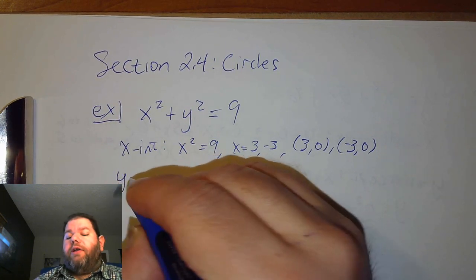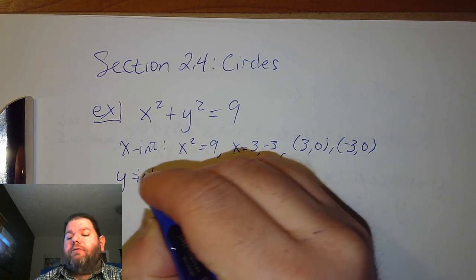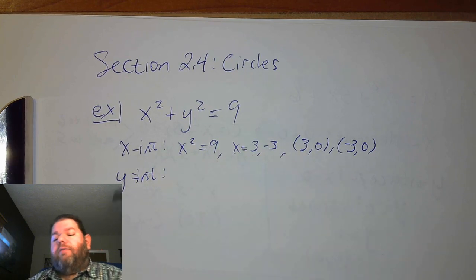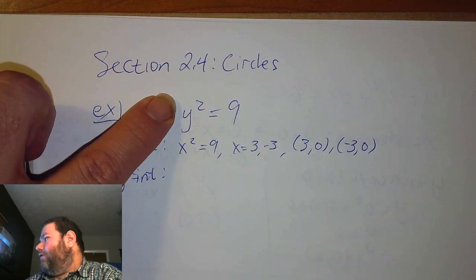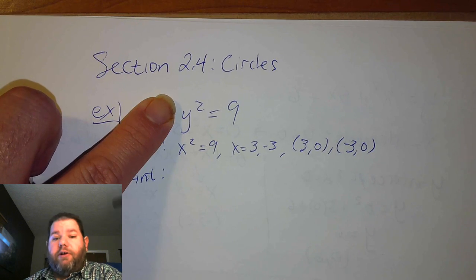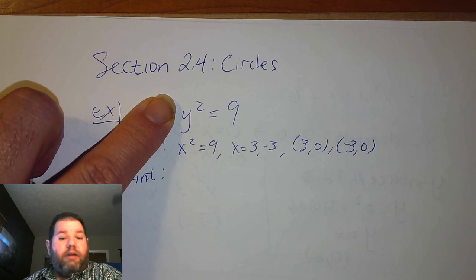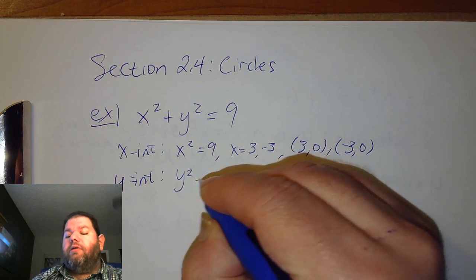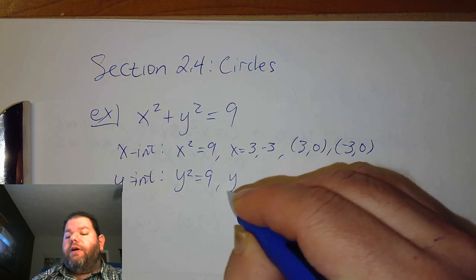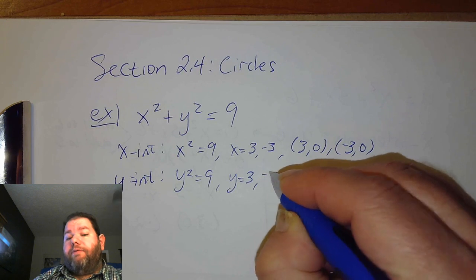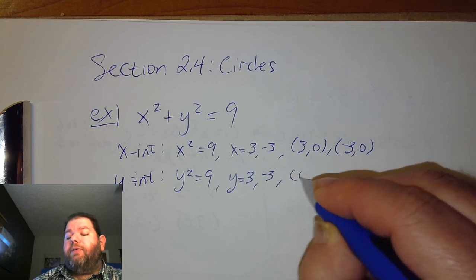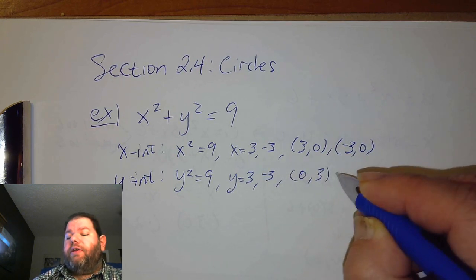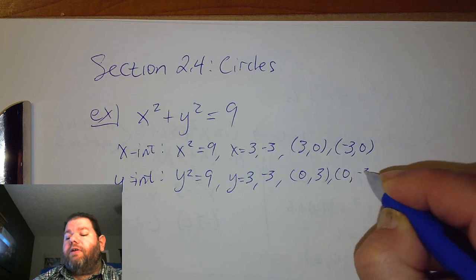And for our y-intercepts, if we set x to 0 and we solve y squared equals 9, again, we get the same combination of numbers. So we get y equals 3 and y equals negative 3, which means our intercepts are (0, 3) and (0, negative 3).